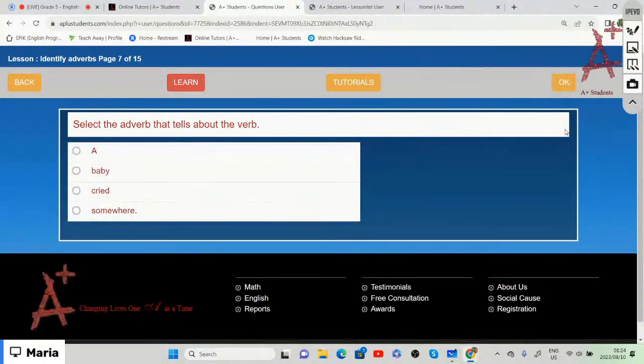A baby cried somewhere. So it's like asking yourself, where did the baby cry? And like we said, it doesn't necessarily have to be a specific place. So where did the baby cry? We can say somewhere.